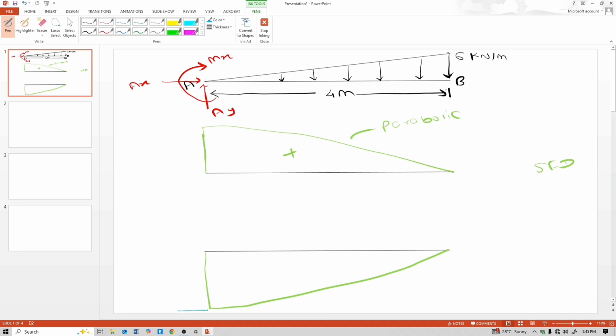This is the slope. Here slope is minimum, here slope is maximum, because here load is maximum. See, d square M by dx square is equal to minus w, the loading. So this is w and this is the moment slope. If load is maximum, then slope is maximum. If load is minimum, then slope is minimum.